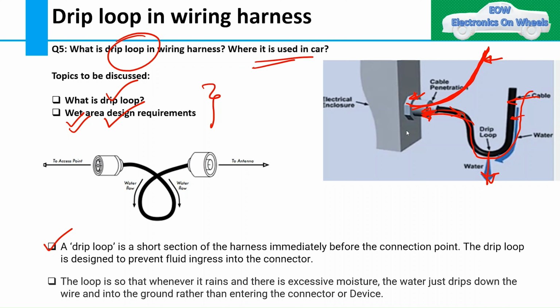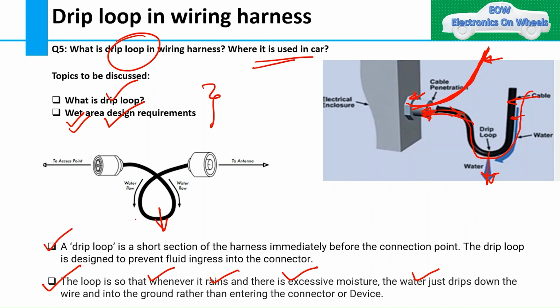Basically drip loop is designed to prevent the fluid ingress into the connector, device or connection. The second line also says the same: the loop is so that whenever it rains or there is excessive moisture, then water just drips down.